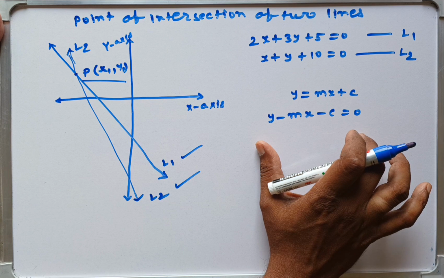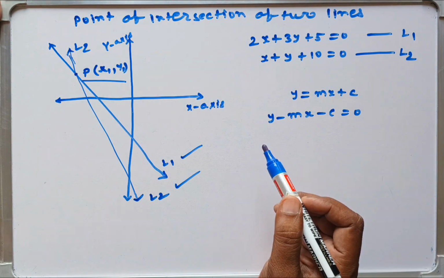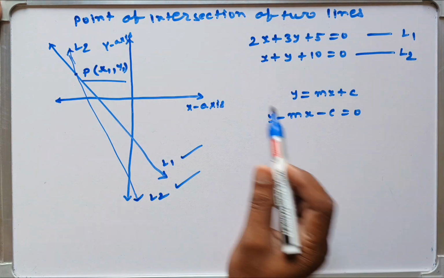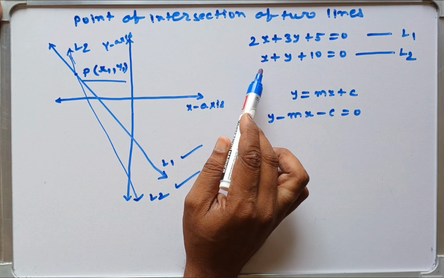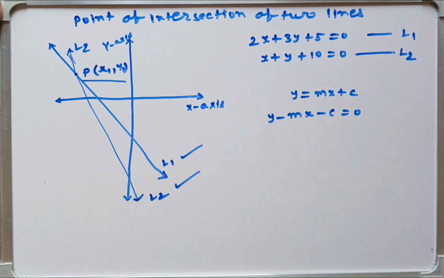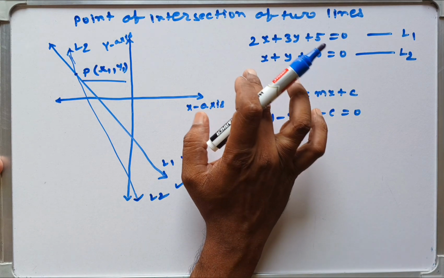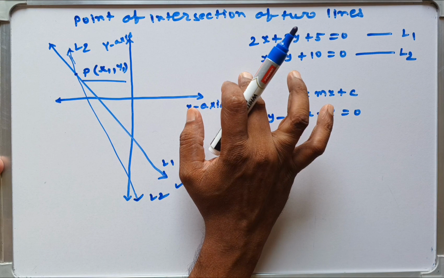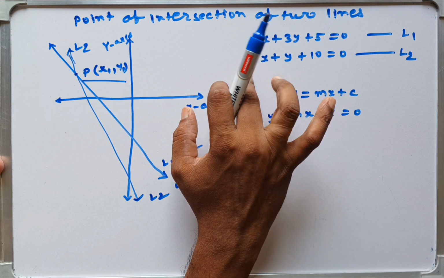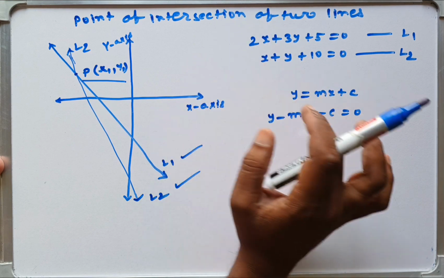If we want the solution of these two equations, what do we do? First of all, we make the coefficient of either x or y the same in both.